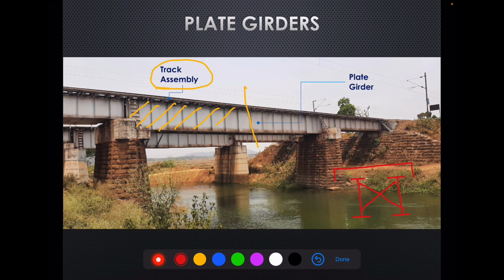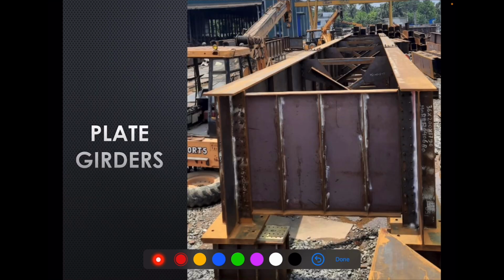Steel bridge sleepers are provided directly above these girders, over which the rail rests. Let's explore plate girders in more detail. This is what a plate girder looks like. These are two I sections. This is one I section. This is one I section.